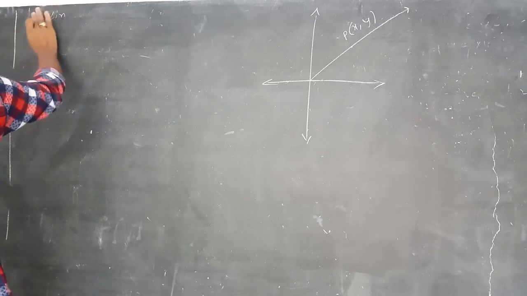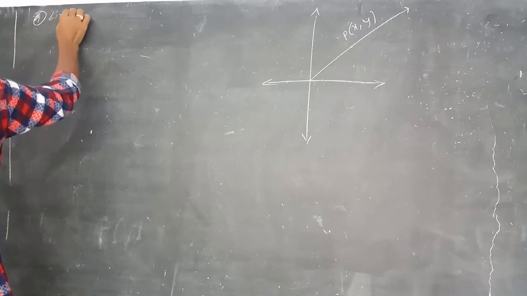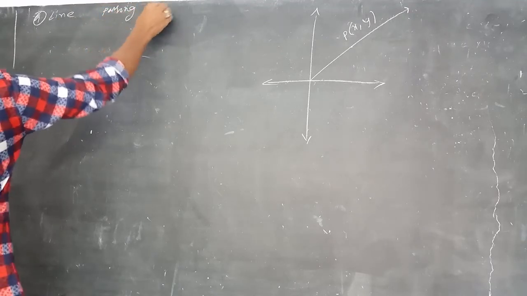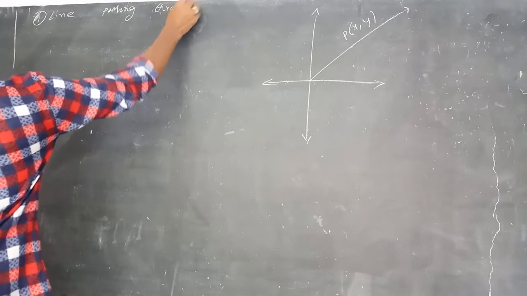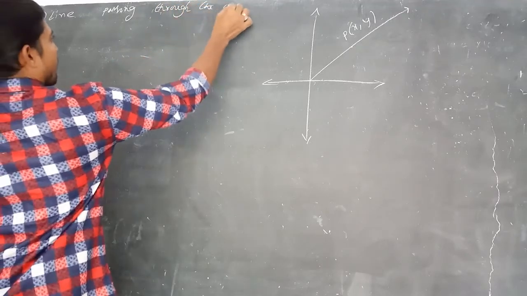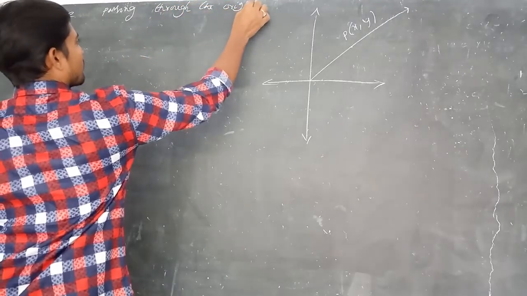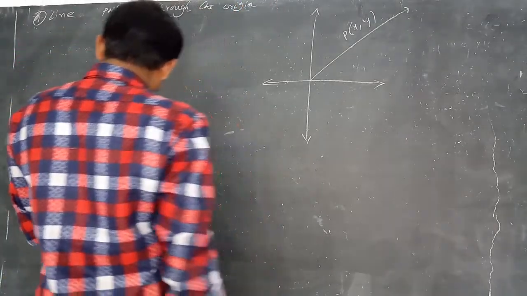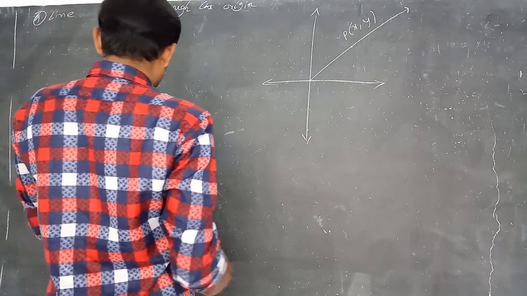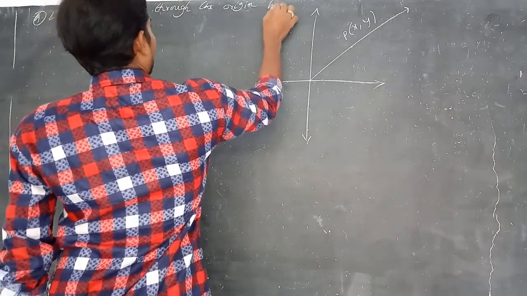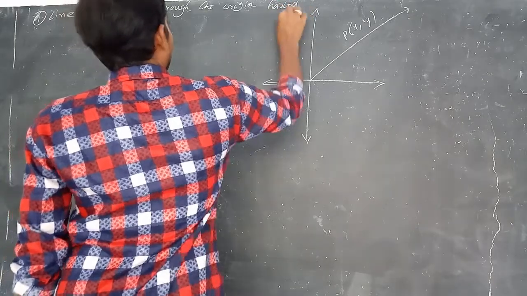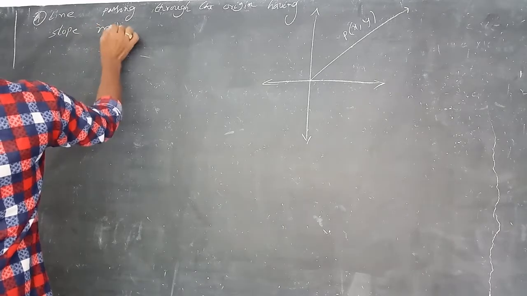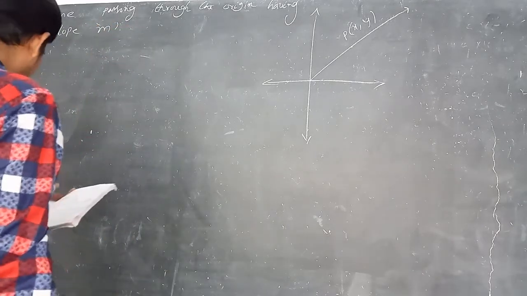This is the ninth point: a line passing through the origin, having slope m. Then what happens?